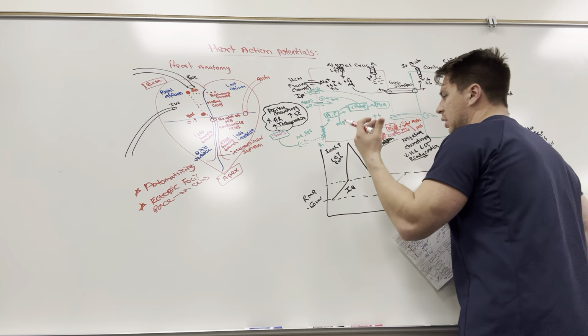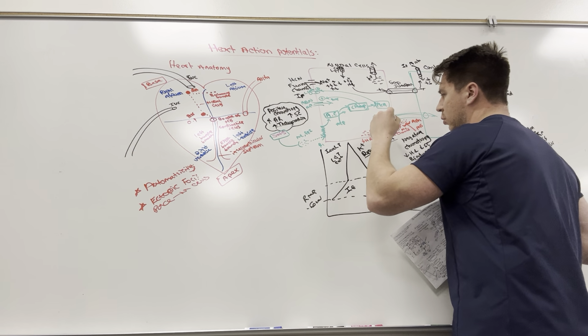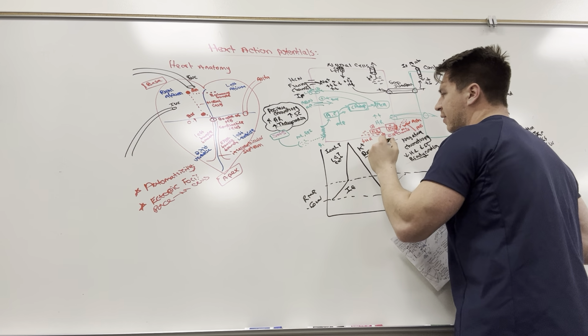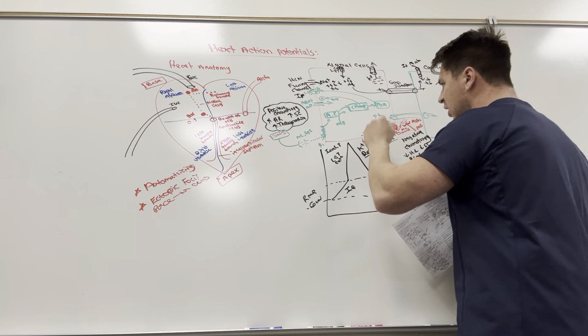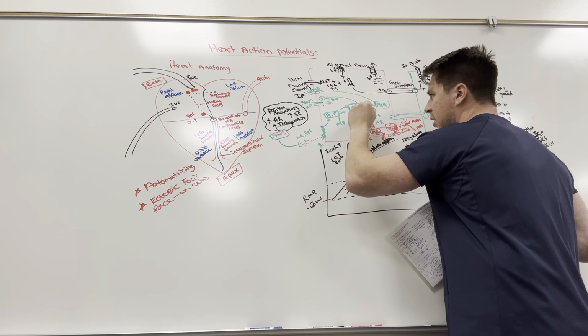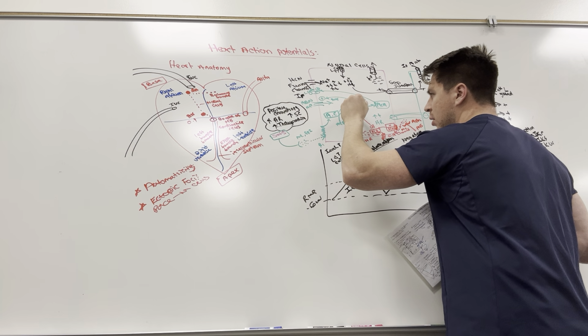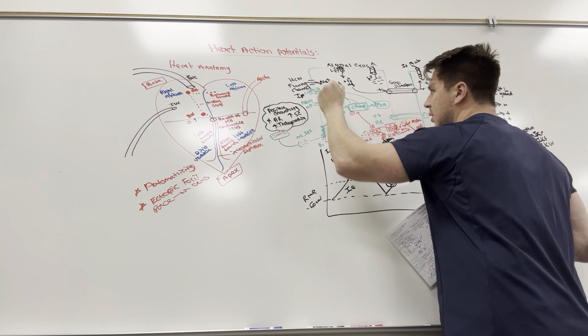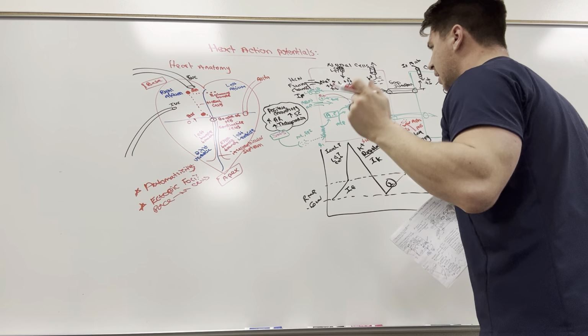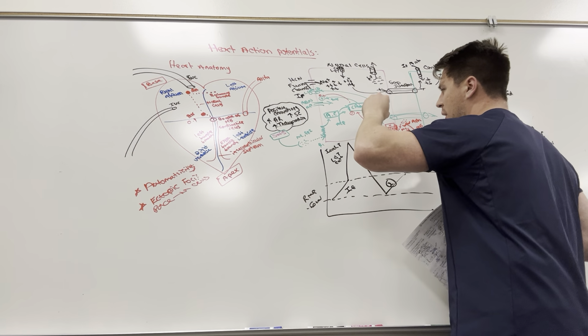We can actually do that using this neurotransmitter to activate that beta and gamma subunit to bind to the GIRK channel. Alpha subunit can actually come and inhibit the cAMP, and when it inhibits cAMP, it's going to inhibit this HCN funny channel for sodium.